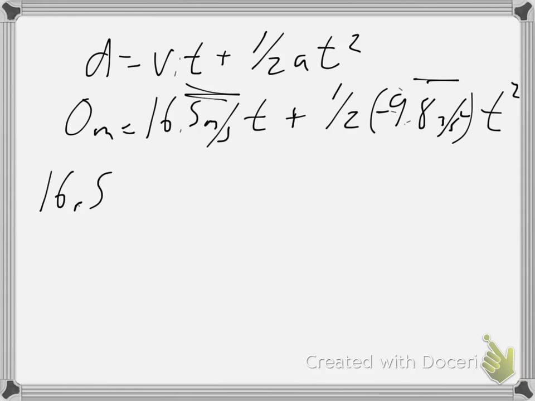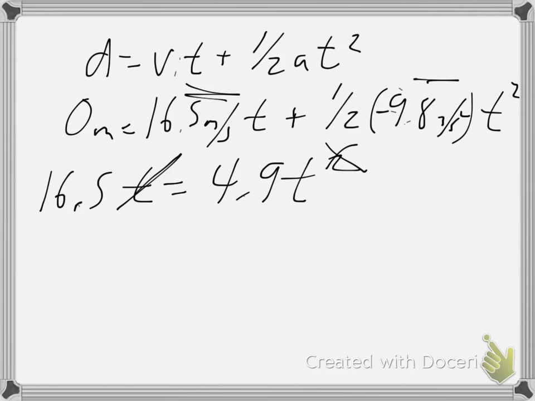So 16.5 t equals 1/2 times 9.8, which is 4.9, so that's going to be 4.9 t squared. I can cancel out this t and that squared right there, which gives me that t equals 16.5 over 4.9.